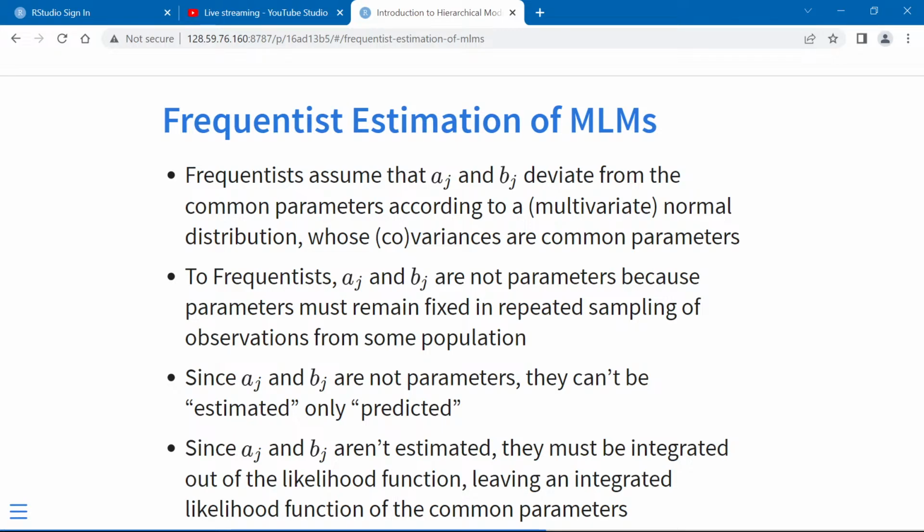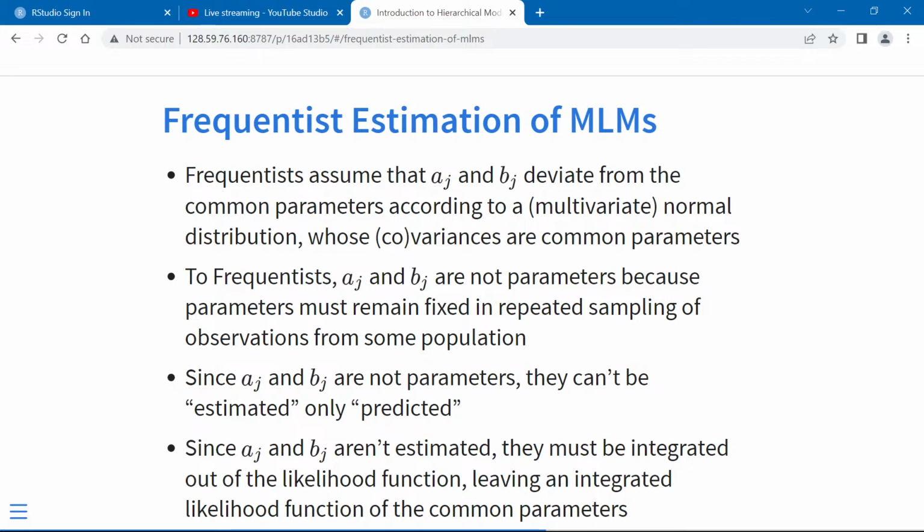And you might say, well, why are these frequentists making a multivariate normal assumption about these A's and the B's? Of all the ridiculous things frequentists say, in my opinion, this is the most ridiculous.